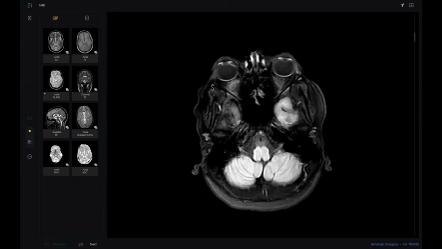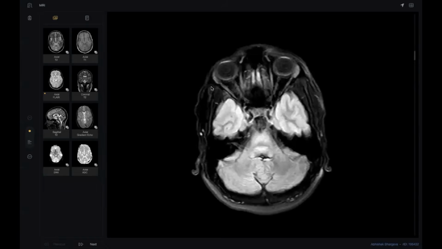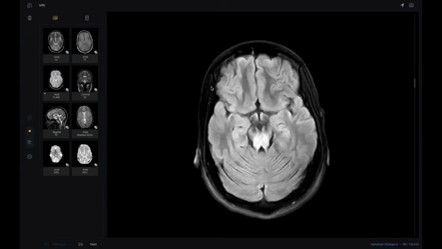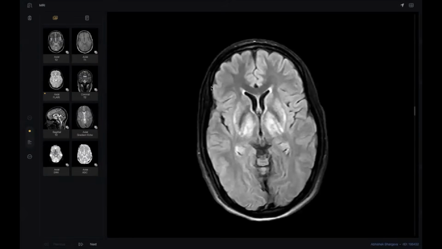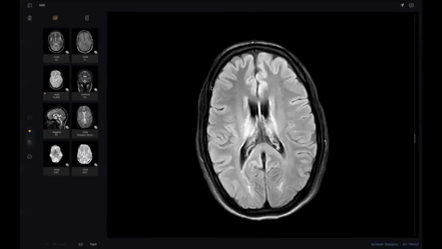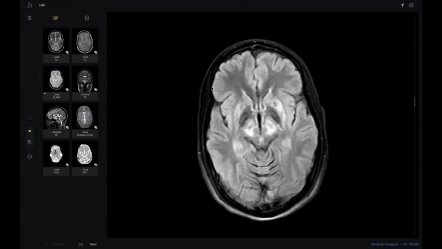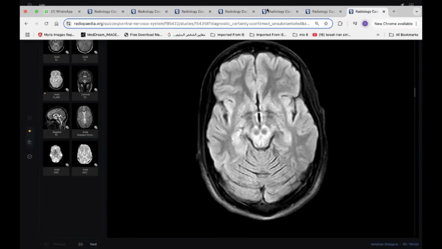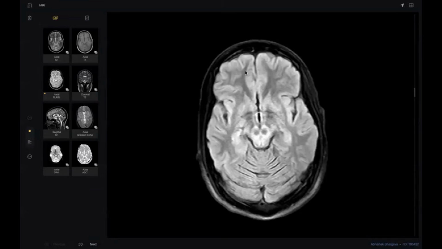Okay. I'm checking the brainstem. There's no other signal abnormality. So there is bilateral basal ganglia and thalamic abnormal signal intensity displaying high FLAIR signal intensity and low T1, and also the midbrain.